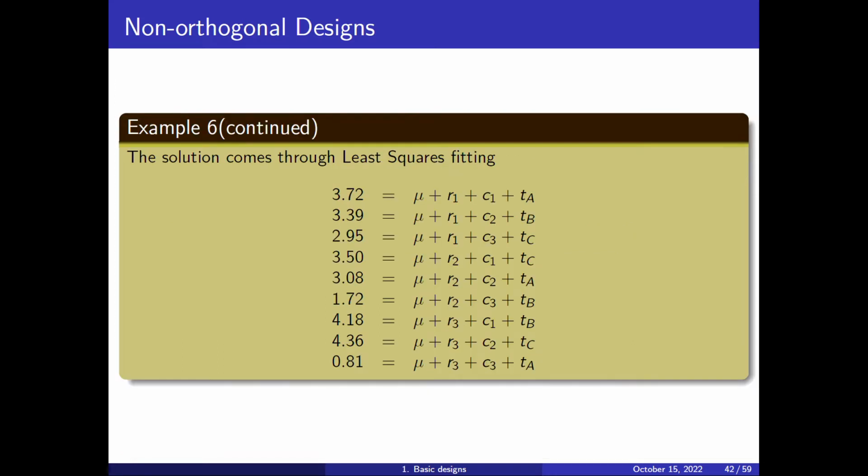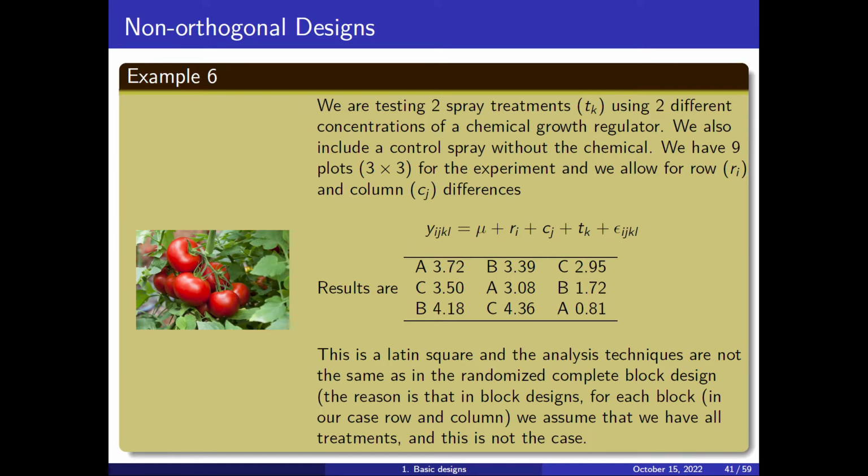Okay, so we already know how to estimate the contribution of the rows, the columns, and the treatment. So for instance, for the treatments we compute the overall mean, and then we compute the mean of all tomatoes receiving treatment A, and we subtract the overall mean. That is what we learned in the previous block of the lecture.